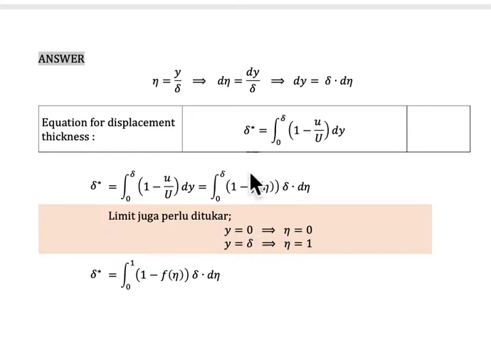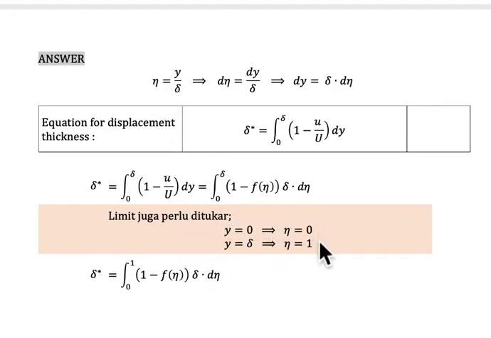The limits can be changed by looking at this equation. Previously we integrated with respect to dy. If y equals 0, we substitute here and find that eta is equal to 0. If y equals delta, we substitute it here, so we have delta over delta, so eta is equal to 1.